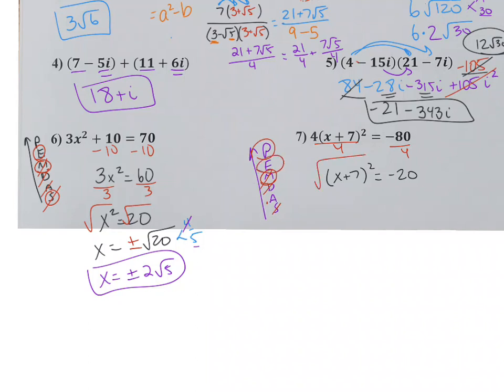Multiplication's gone. There's an exponent. I tell you to get rid of the exponent by square rooting both sides. So I get x plus 7 equals plus or minus the negative right here turns into i square root of 20.